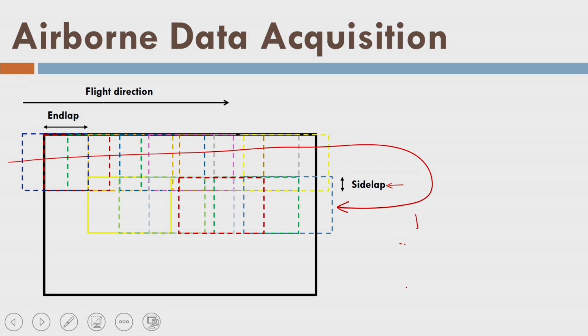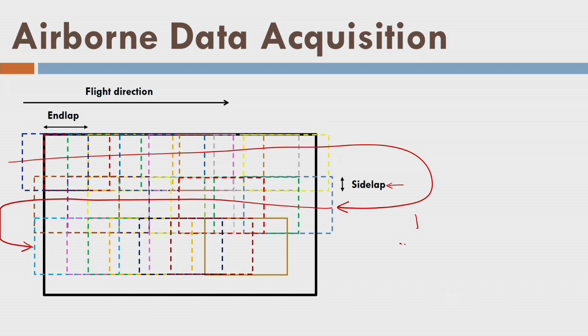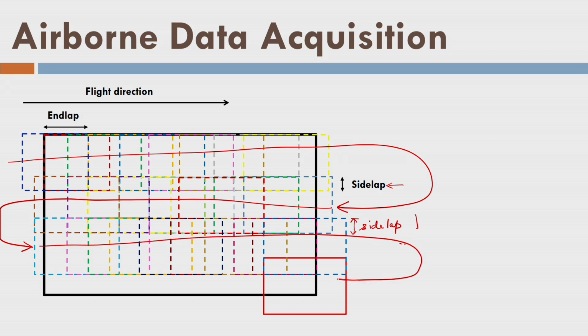Now it is going this way. Then it has come all along this way, now going this way. Again this is my side lap, and again the flight has come this way and it will go this way.